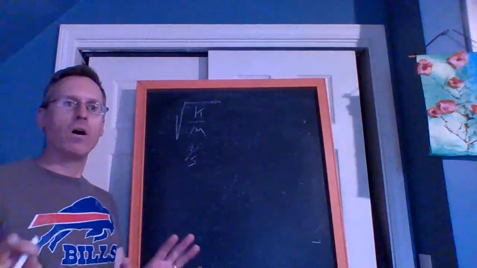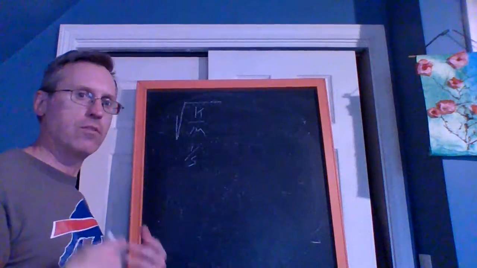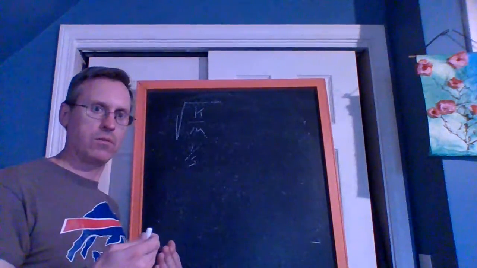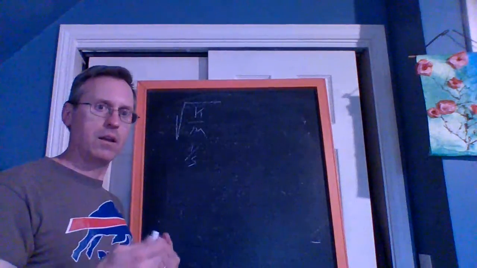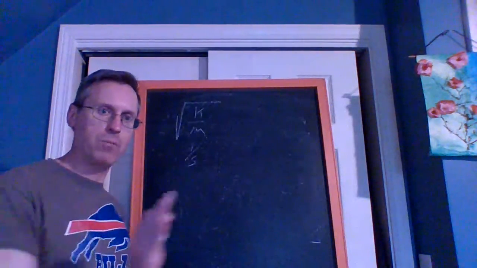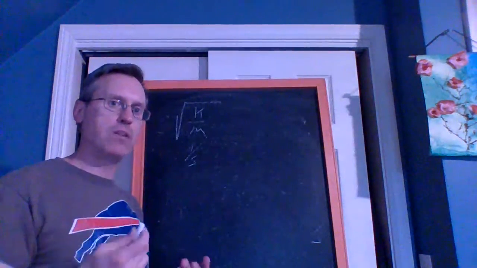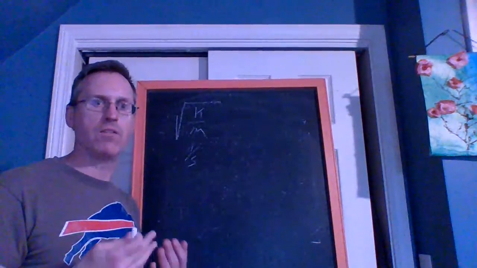So what? Well, 1 over seconds is a unit of something called frequency. There'll be another lecture on this. Frequency is the number of cycles completed in a given second. If you have a system that repeats itself, like a pendulum that goes back and forth, it's the number of times the pendulum goes back and forth in a second.